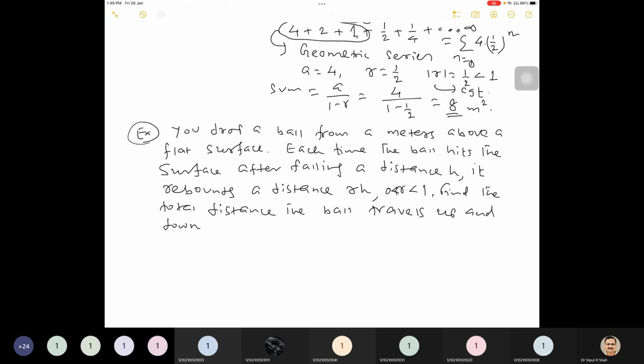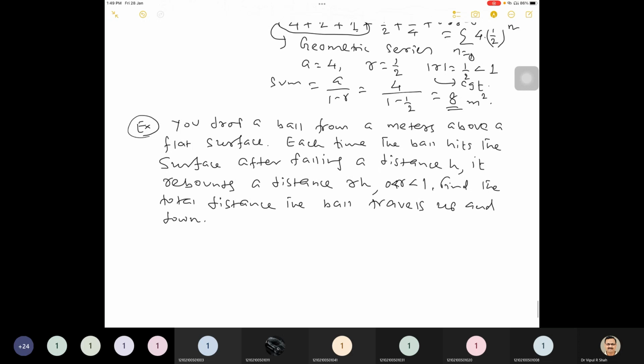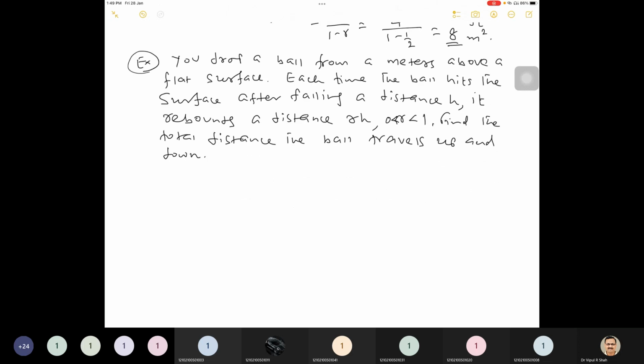Okay, that is the question. Suppose this is a flat surface. Now suppose from here we drop a ball.